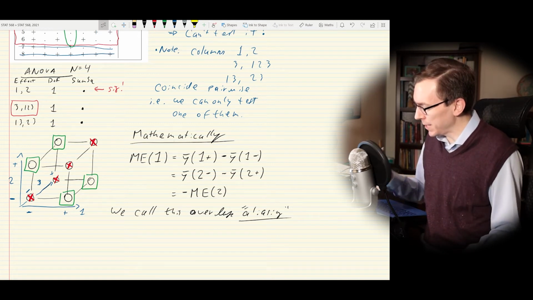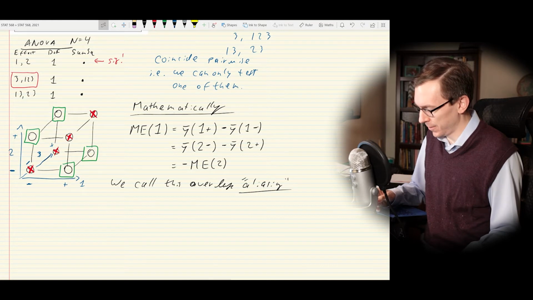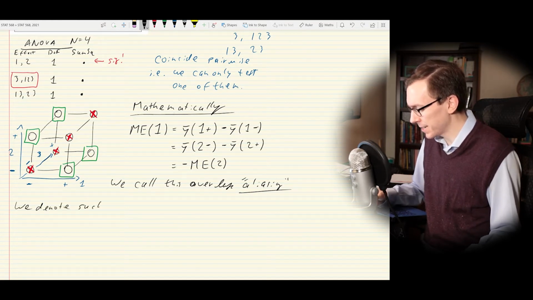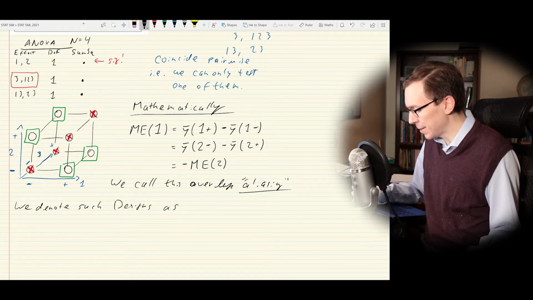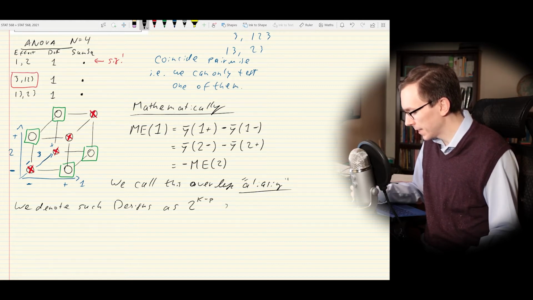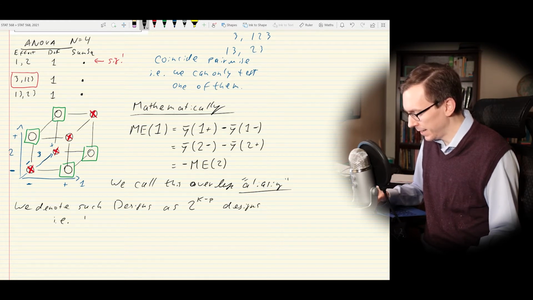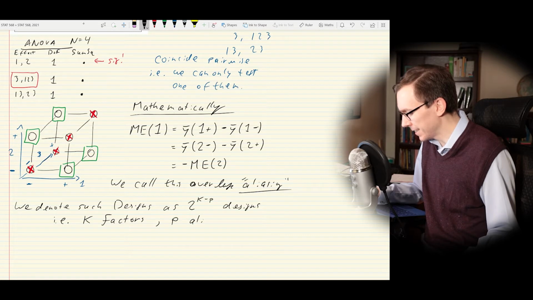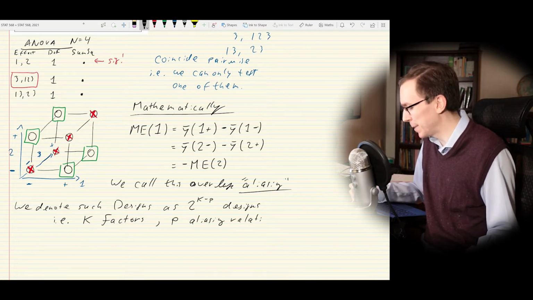So the way we denote this, I should also say we denote such designs as, in general, 2 to the k minus p designs, i.e. k factors and p aliasing relations, which we'll discuss in a second what I mean by that.